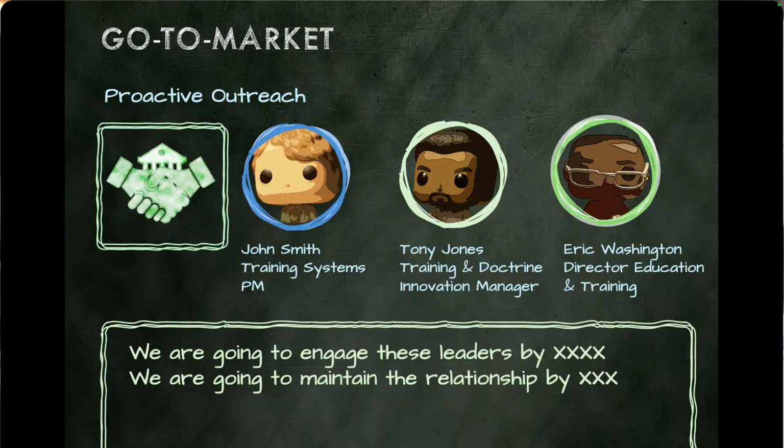And by the way, this is what we're trying to get to. This would be an example of what a proactive outreach go-to-market strategy might look like on a slide. It's 2 or 3 people who are representative of the government officers that you want to go engage. Who are they? What is their relationship?